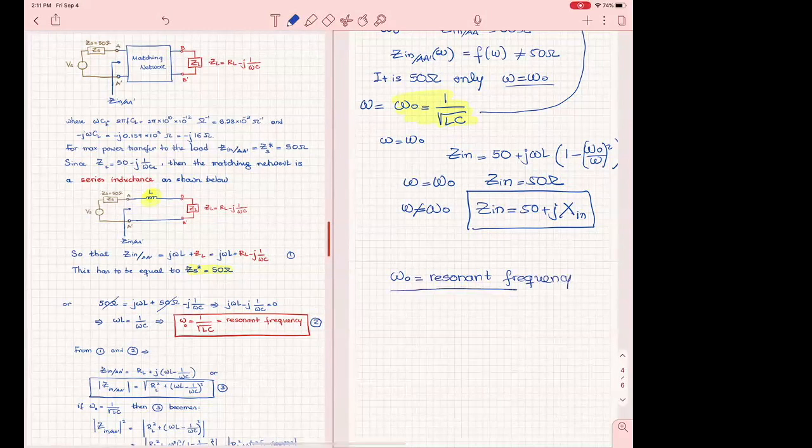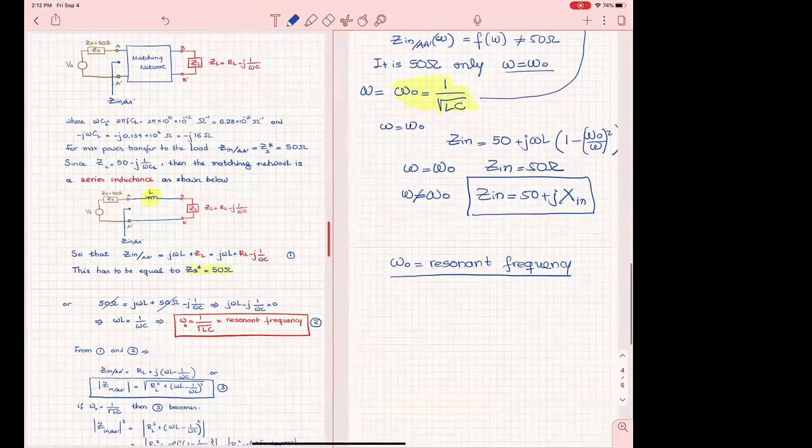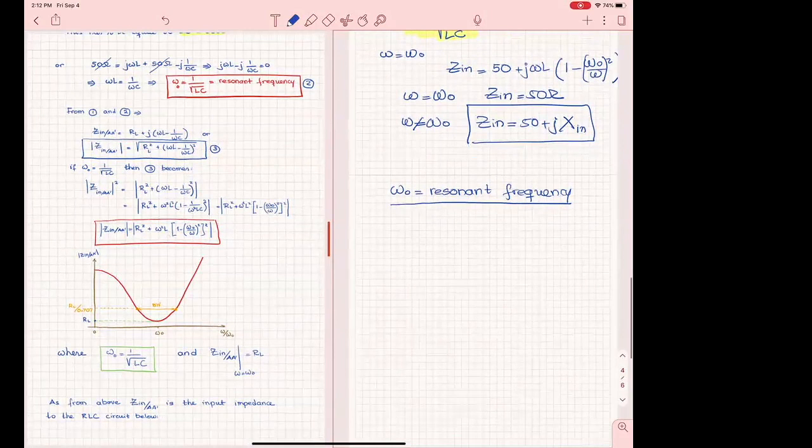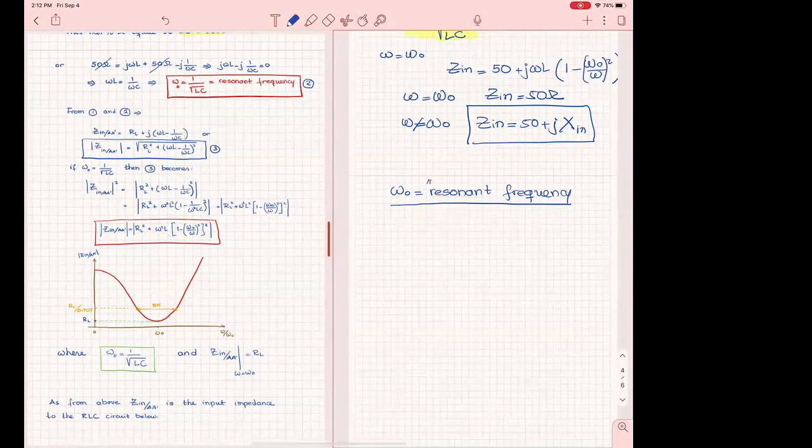We will see why we gave it that name. So first of all, before I explain the term resonant, we are going to look at how Z in, which I told you is a function of omega, changes with frequency.